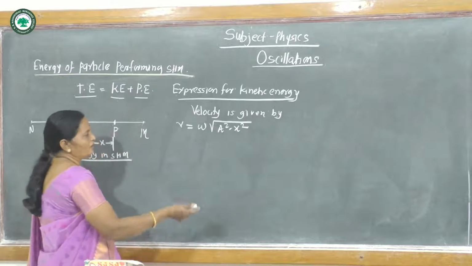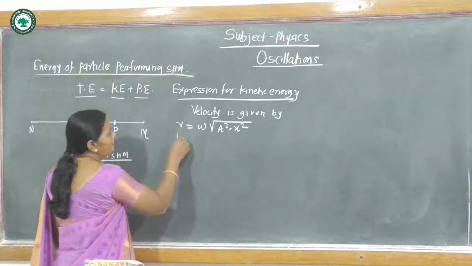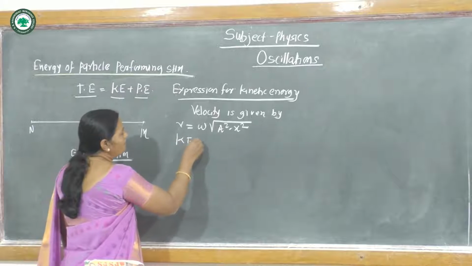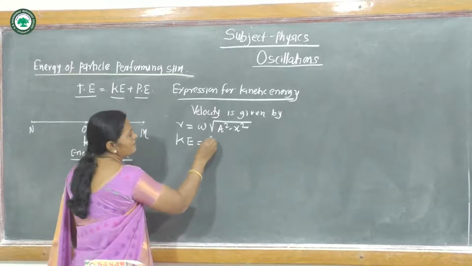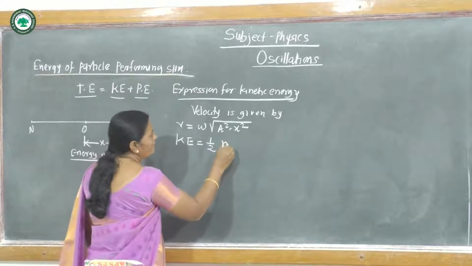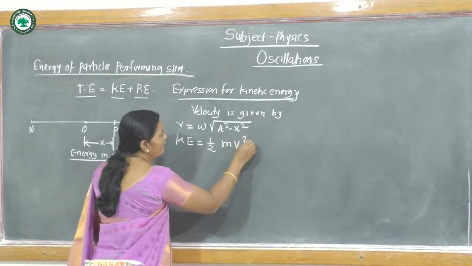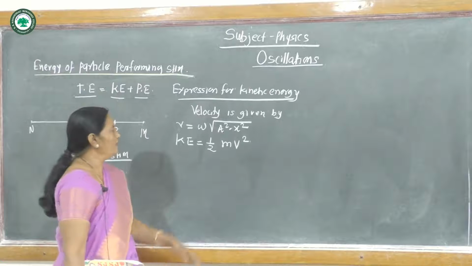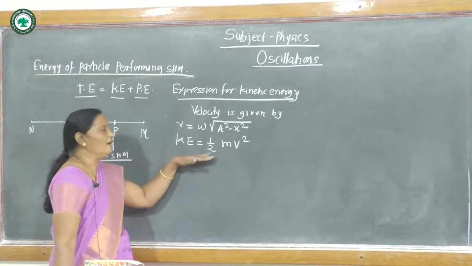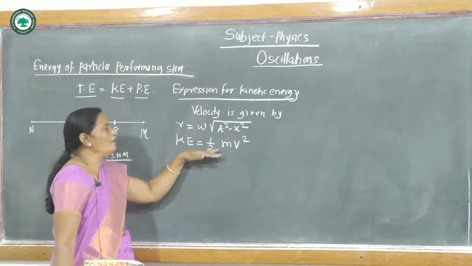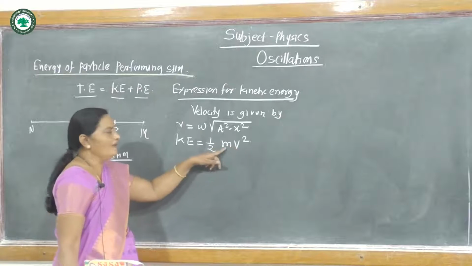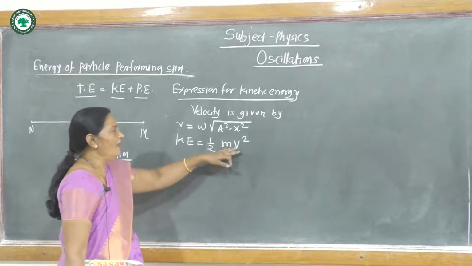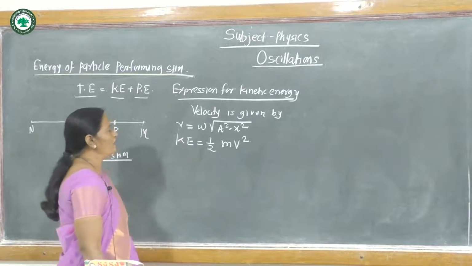Now we have the formula for kinetic energy. Kinetic energy is given by 1/2 mv square, where m is the mass of the particle and v is the velocity of the particle.